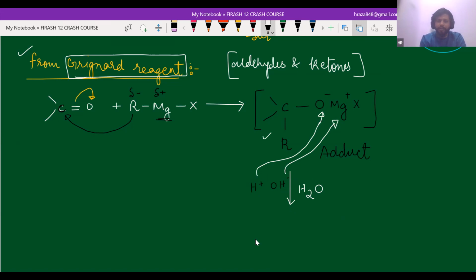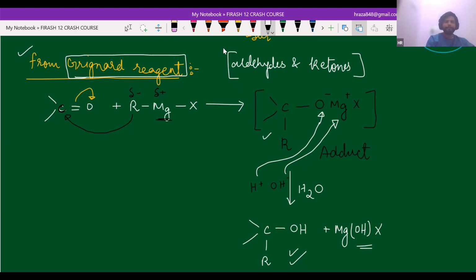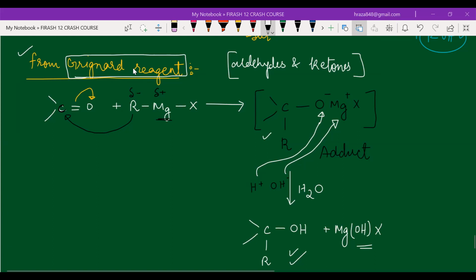So as you can see, O will get H, and you will get a byproduct, Mg with OH, so this will be the byproduct. Are you getting my point? And this is the main product. Is that clear? Can I change the slide?